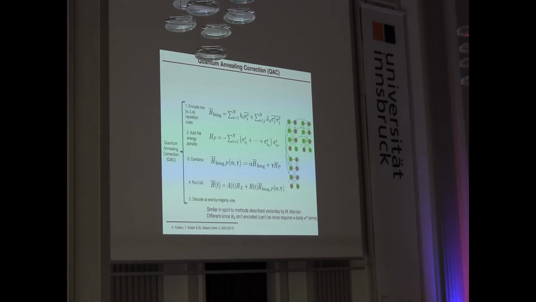But here we can't do that because the repetition code would require an n-body product of sigma x terms, which of course is not available to us, at least not on the D-Wave machines, and not likely to be available anywhere, which is why Milad was talking about a completely different family of codes and not the simple repetition code. But this is something that we can do, and this is why I'm talking about it, because it's programmable, implementable, realizable on actual machines today.